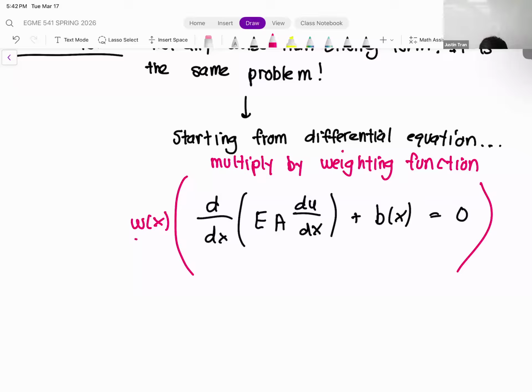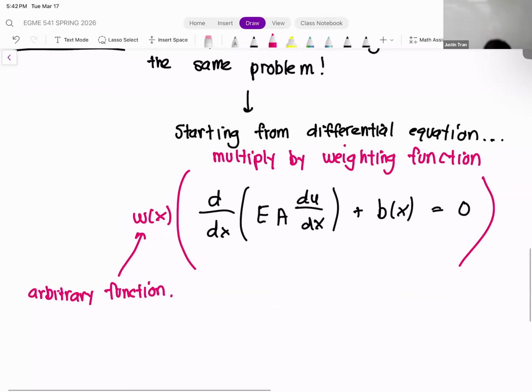Where w of x, for now, you can think of as just an arbitrary function at this point. But we are going to place some restrictions and requirements on w of x. You'll see later what this function is for.